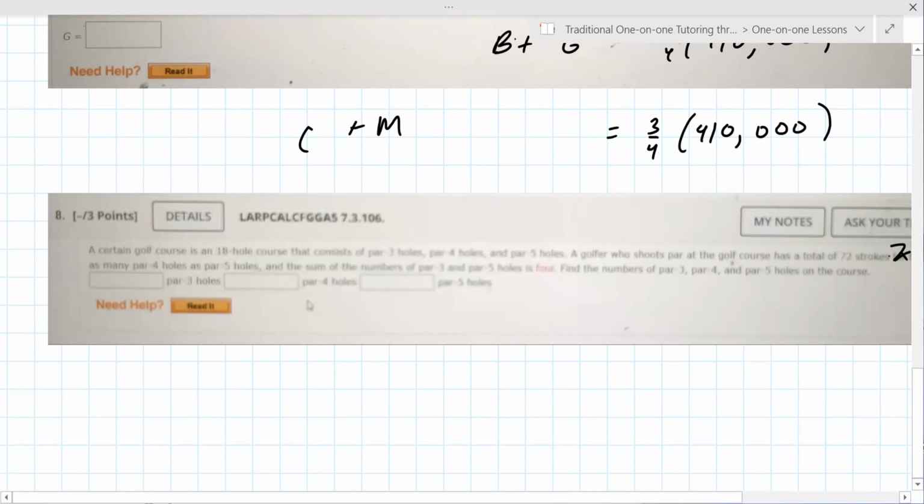Okay. So an 18-hole golf course, they don't give you any variables, so we're just going to use X, Y, and Z. So the first thing is that X plus Y plus Z equals 18 because there are 18 holes.